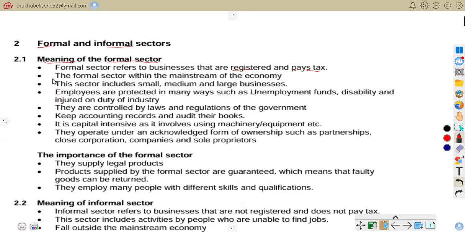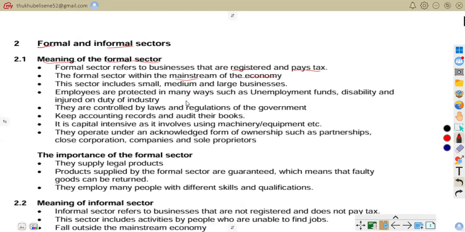It further says the formal sector is within the mainstream of the economy. They operate within the official economy. For example, banks and big companies operate within the official economy.